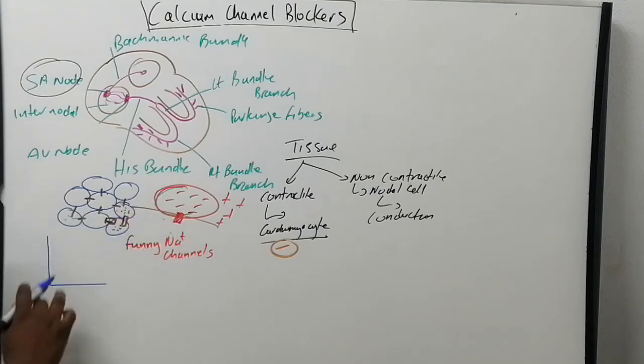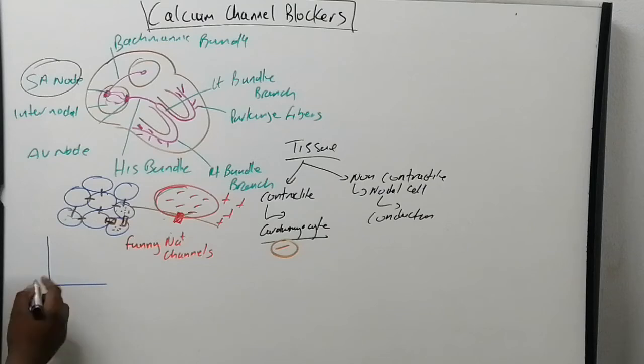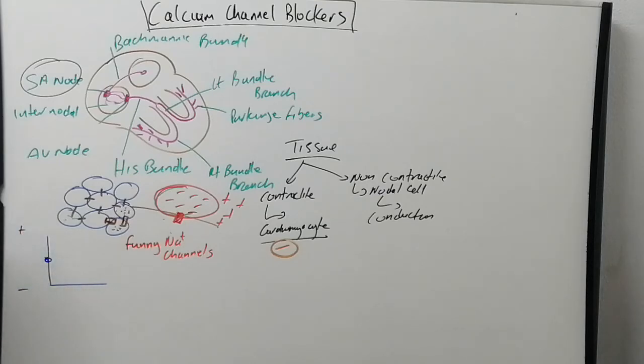the resting membrane potential of nodal cells is about minus, let's say here you've got 0, then this is the positive, and then this is the negative. So what is the resting membrane potential? A resting membrane potential is the voltage at which cells are at rest.